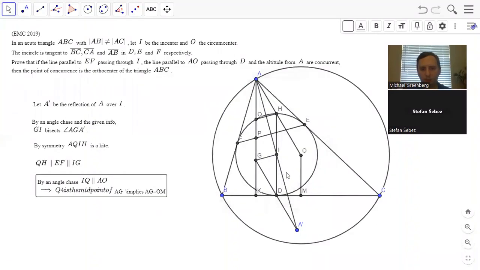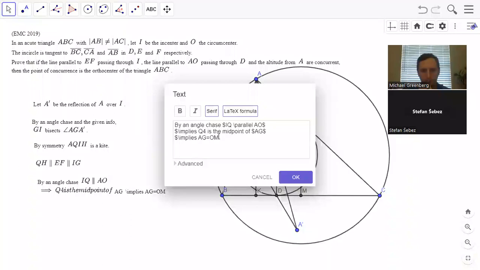Well, no, Q is the midpoint of AG, which implies AG is 2 OM, which implies G is the orthocenter of ABC. All right, we'll stop here.